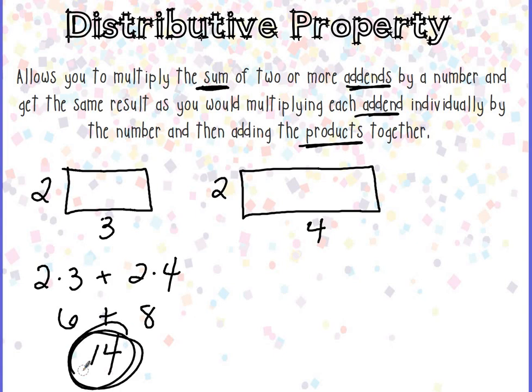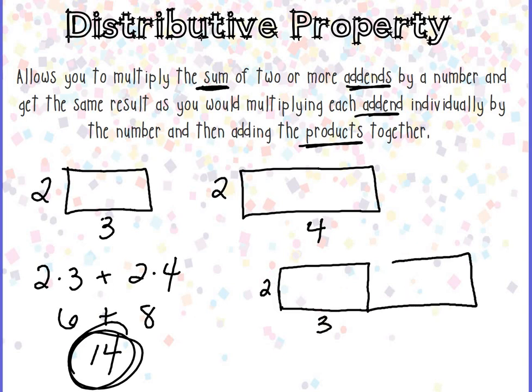Now let's imagine that we put those two pictures together. So I have, since they're both the same height, I can do 2 by 3, and then I can also do another 4. So now I'm adding the 3 and the 4 first, and then I'm multiplying that by that height of 2.